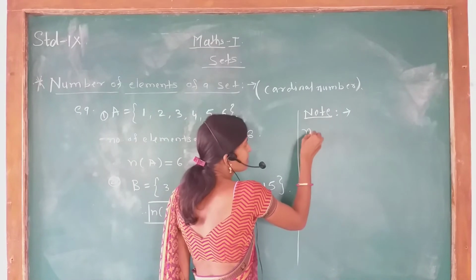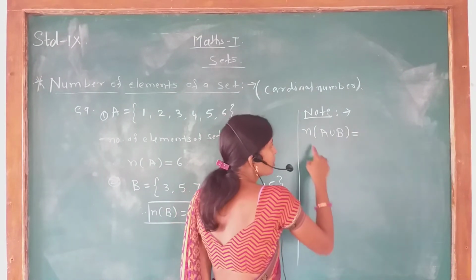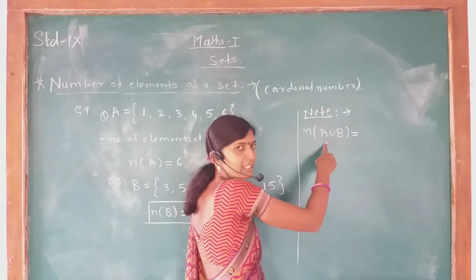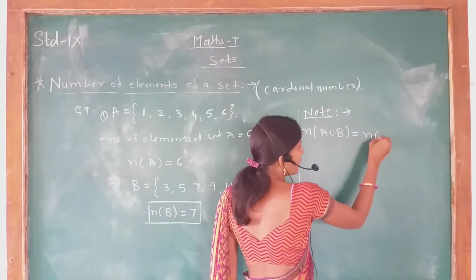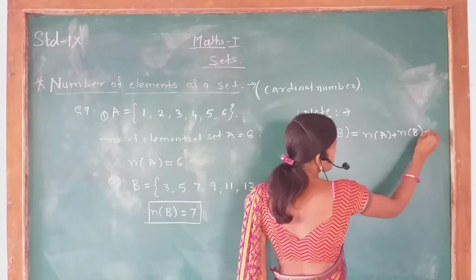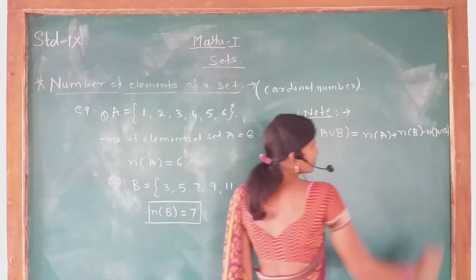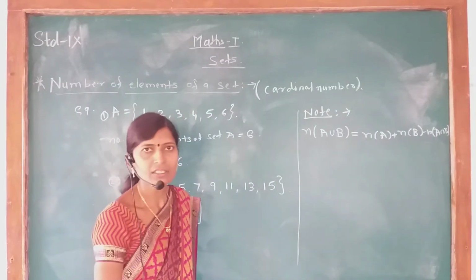So that property is n(A union B), the number of elements in the set A union B, is equal to n(A) plus n(B) minus n(A intersection B).